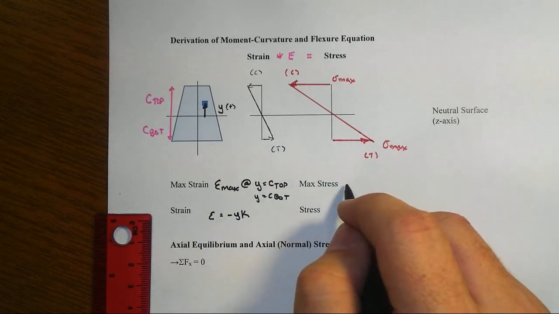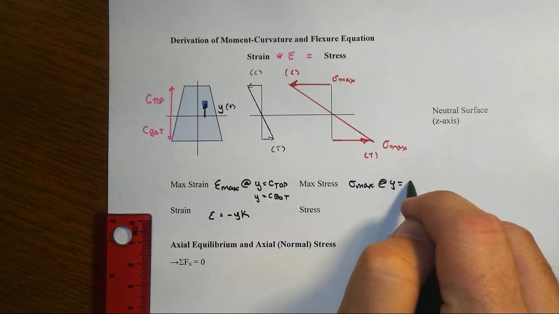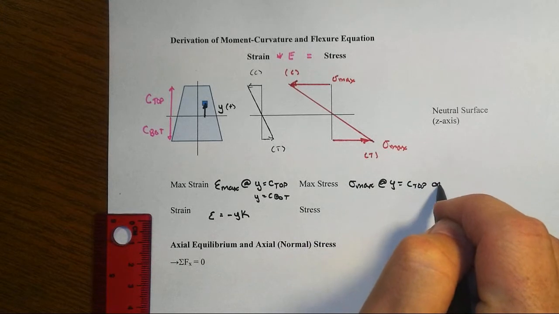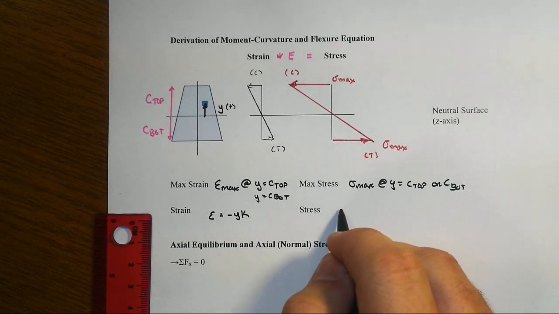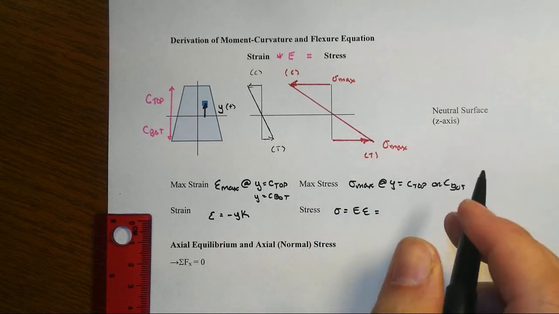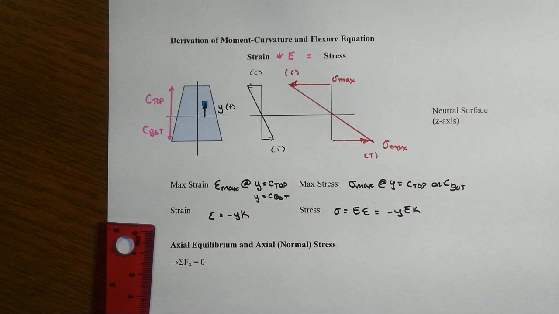The max stress, of course, is also at y equals c top or c bottom. The stress just anywhere, sigma, would be equal to E epsilon or minus y E kappa. Ordered it that way for a particular reason that you'll see coming up.